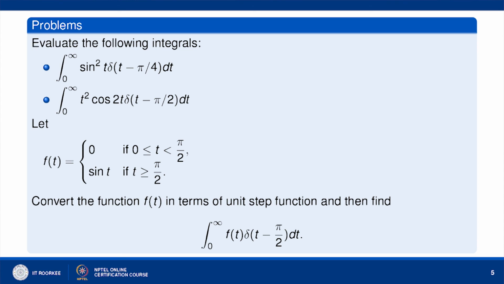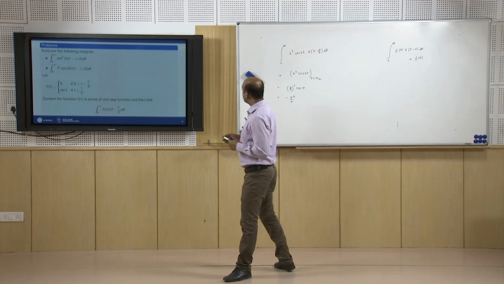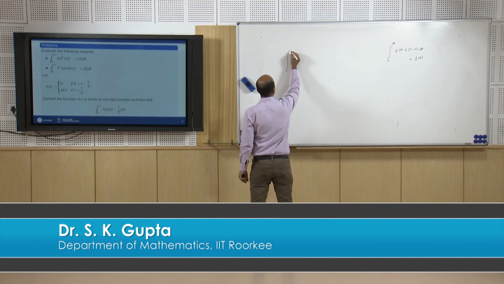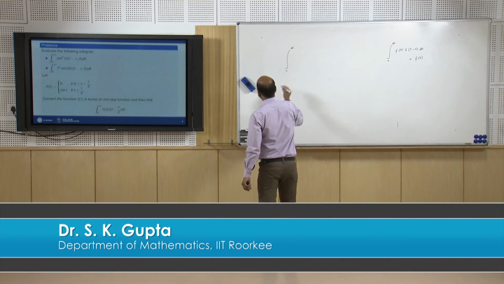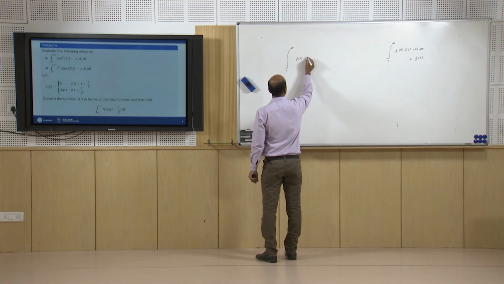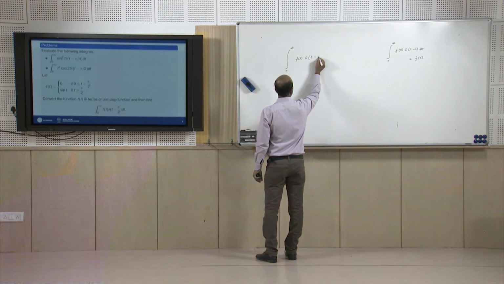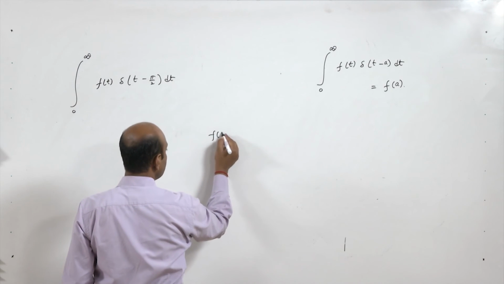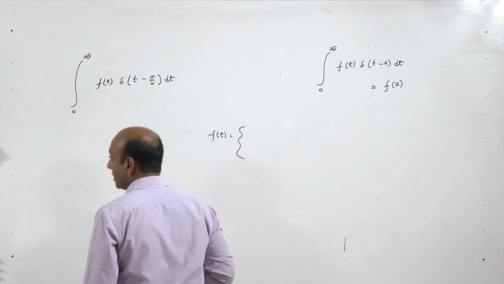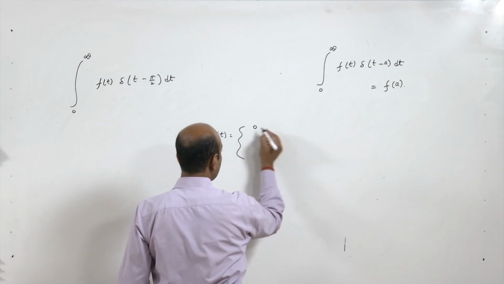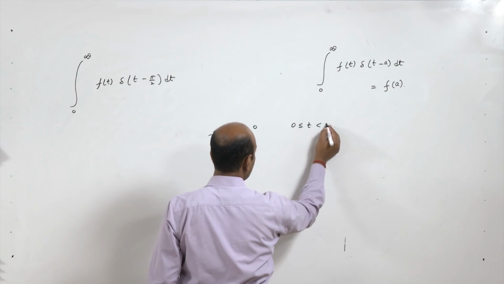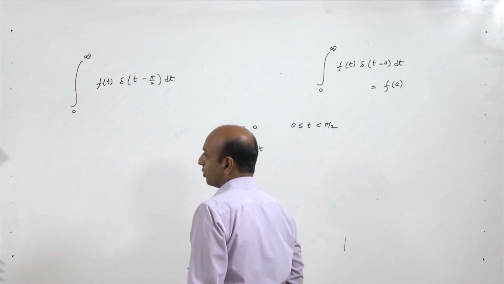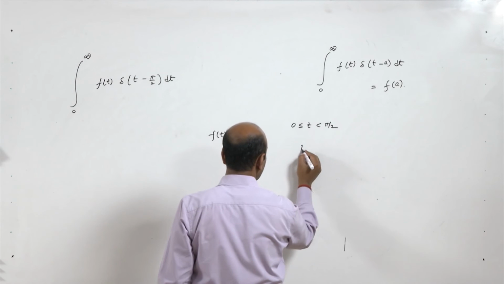Now, let us see the third problem of this slide, that is integral 0 to infinity f(t) into Dirac delta at t equal to pi by 2 dt, and f(t) is defined like this. f(t) is given to us, it is 0 when t lies between 0 and pi by 2, and it is sin t when t is greater than or equal to pi by 2.